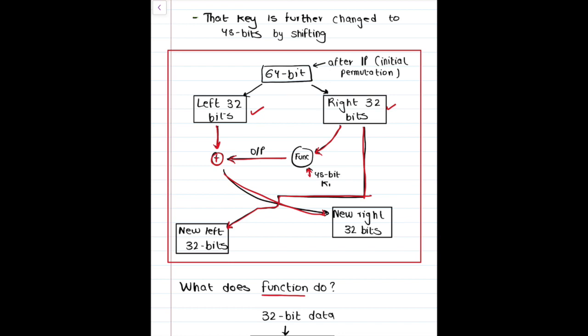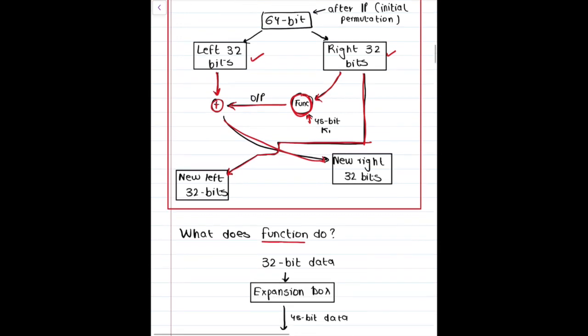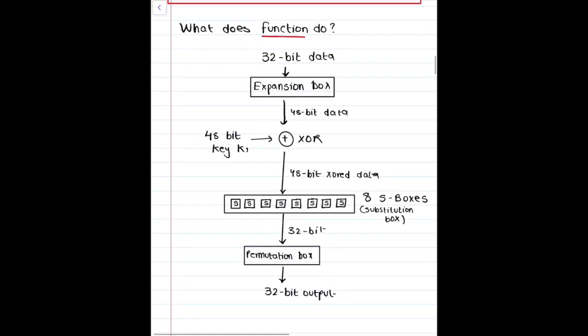So let's look at what the function along with the 48-bit key does to the 32-bit data from the right half of the plain text. First, the 32-bit data is passed through an expansion box and is converted to 48-bit data. This resultant data is then XORed with the 48-bit key for that level.